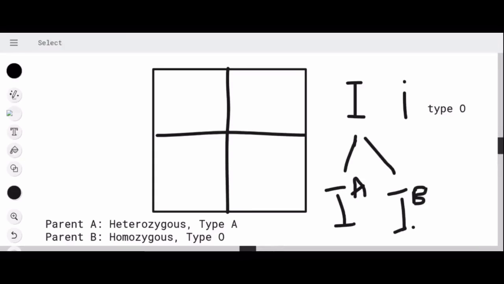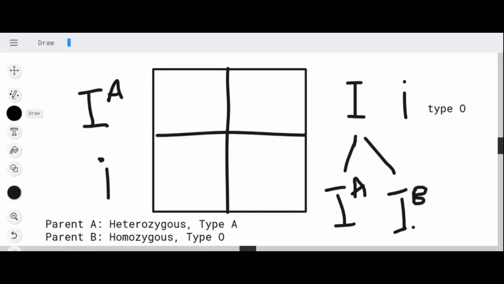Anyway, heterozygous type A, you have, realize type A is dominant, and so you have that, meaning type A. But heterozygous also means the alleles aren't the same, which means you'll have a little i right here, because that's recessive.